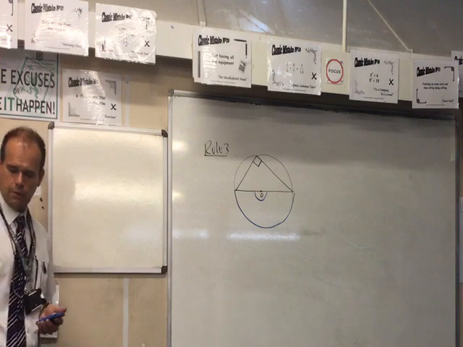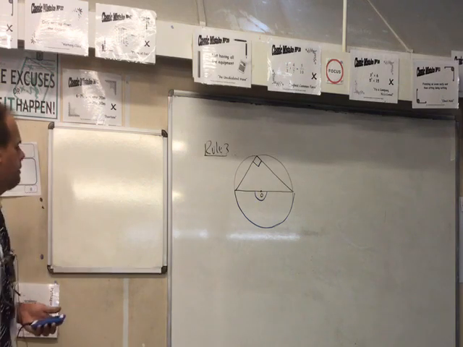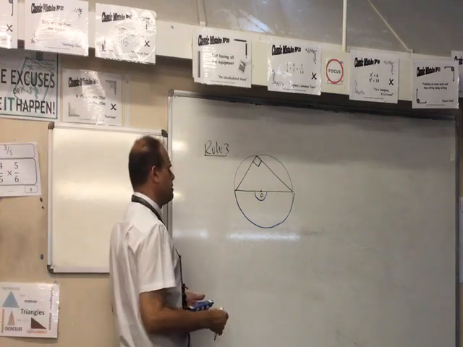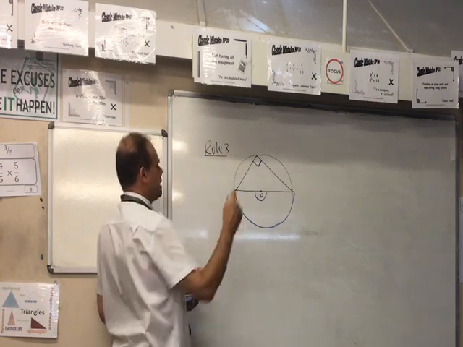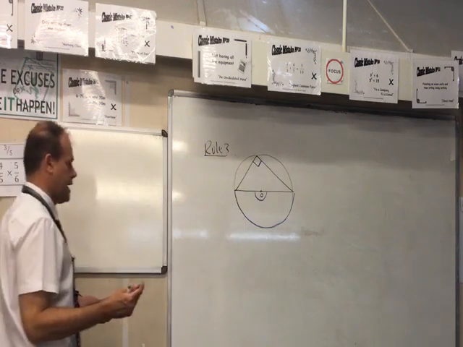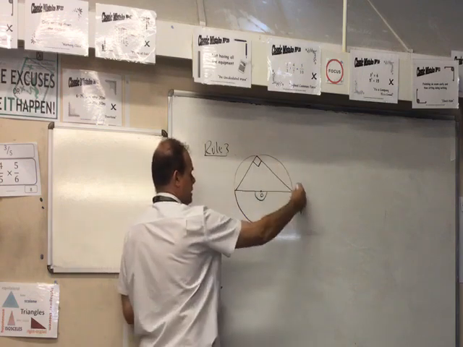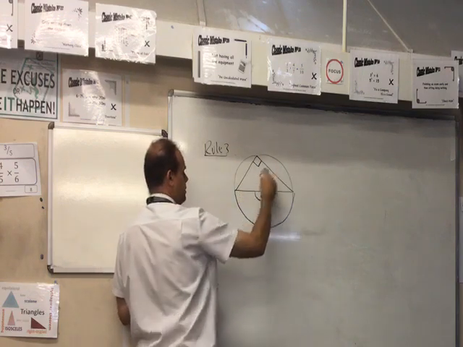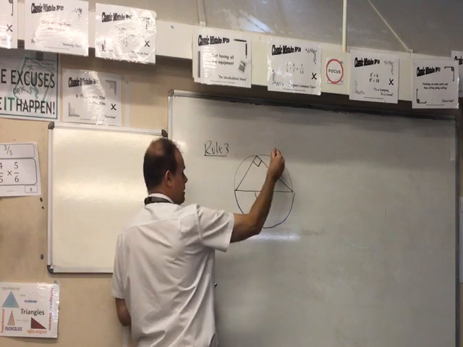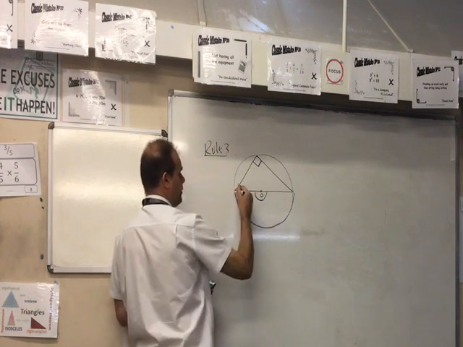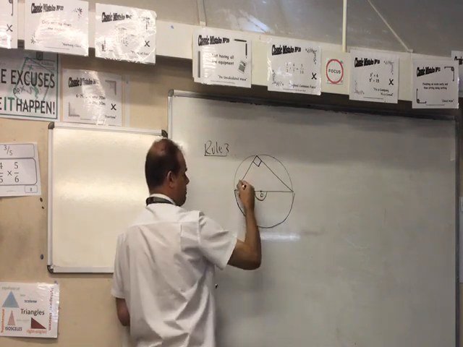Now that could be rather confusing within a very complex question. So what mathematicians have done is, yes, it is the same as rule number 2, but they give it a different name. So we can all spot a half circle, a semicircle, and it doesn't matter where this point is here, because coming off that same arc you're going to get the same angle made by those two arcs.